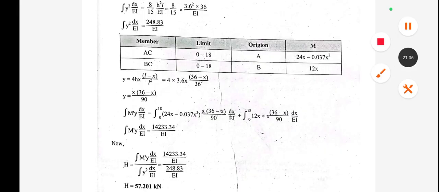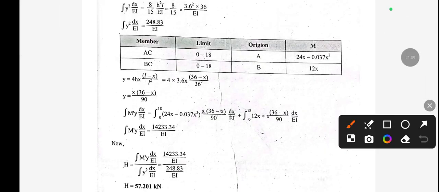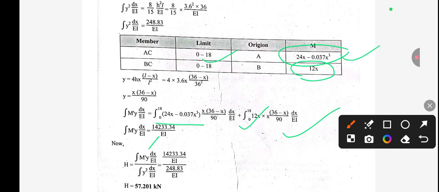Finally we have two different sections. The first one is this one, acting for the denominator. In the place of m dash, we have to take this value from 0 to 18, and this 12x, again from 0 to 18. So we just take these two moments for the m dash part.